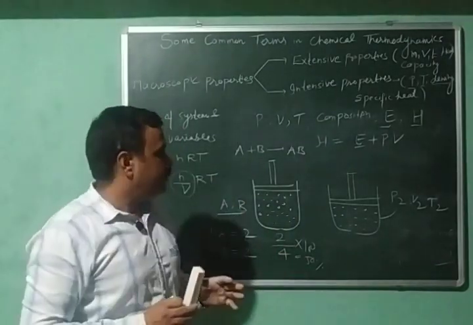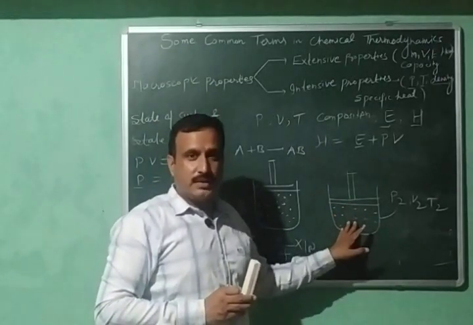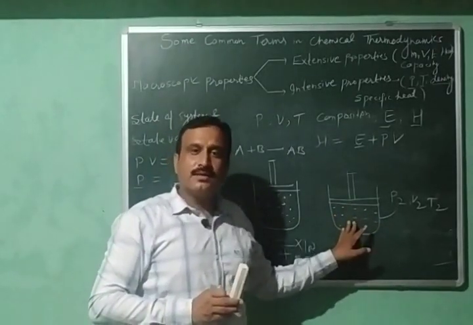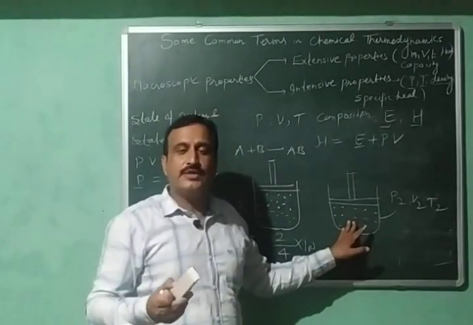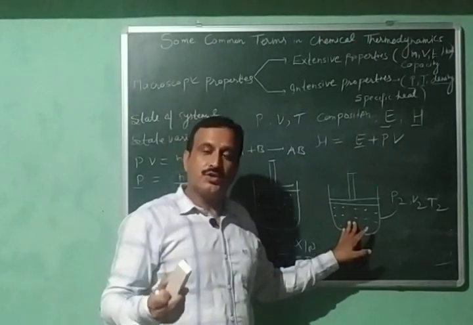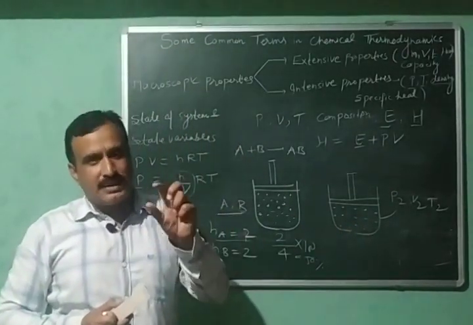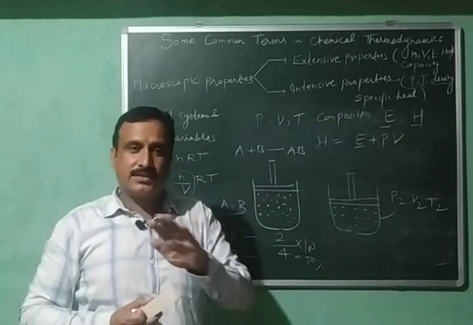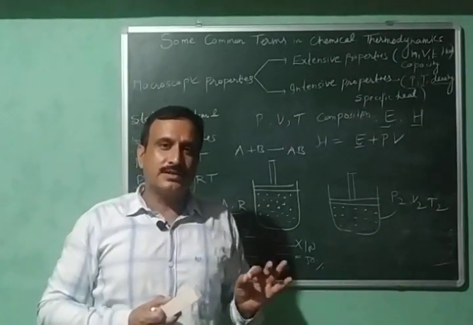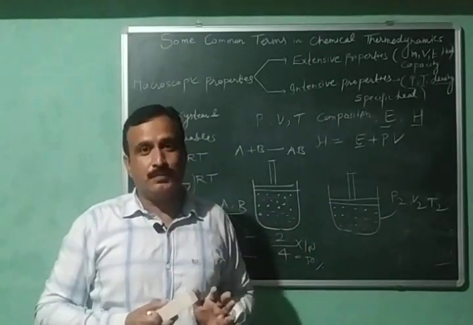But if I have a single gas, not a mixture of gases, a single gas, then there is no chance of changing the composition because the gas is only one and the composition will be 100%. So this means that when we have a single substance or a single gas, then composition is fixed. It is no longer a variable.